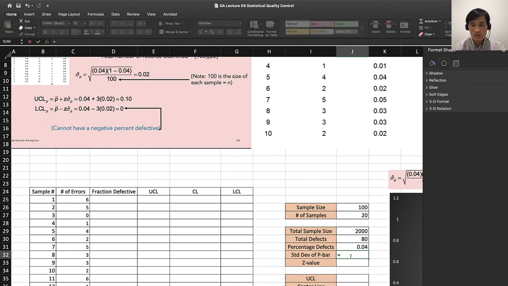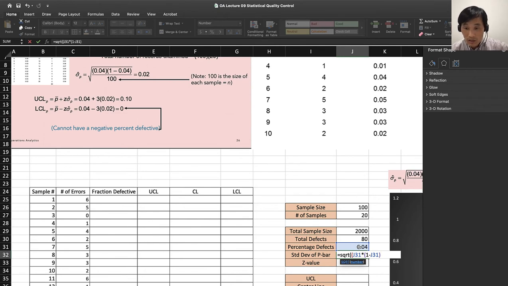So equals square root, sqrt, and you have to use the parentheses as well. So the numerator is p bar times 1 minus p bar, right?